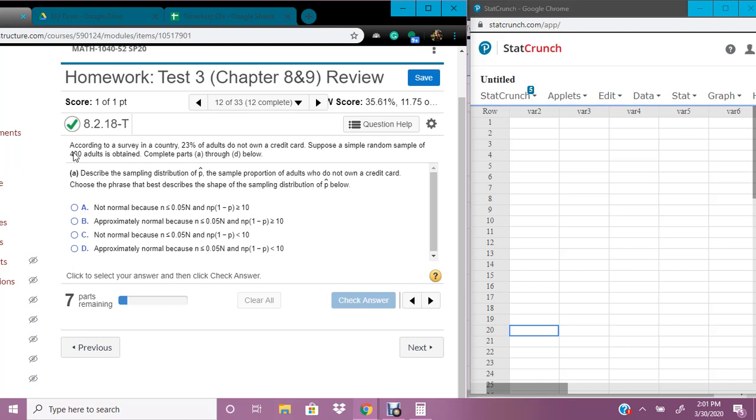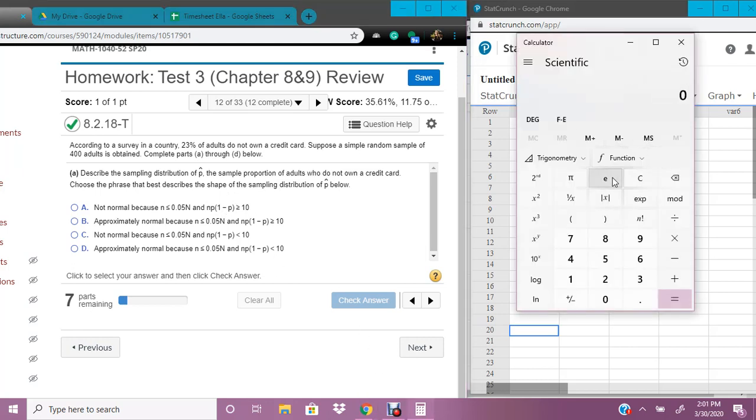We have 400 adults as our sample size, and we can just assume that that is less than that much of our population size because there are a lot of adults in the world, basically. So that one we can just assume is good. And then for this part, we got to do this equation.